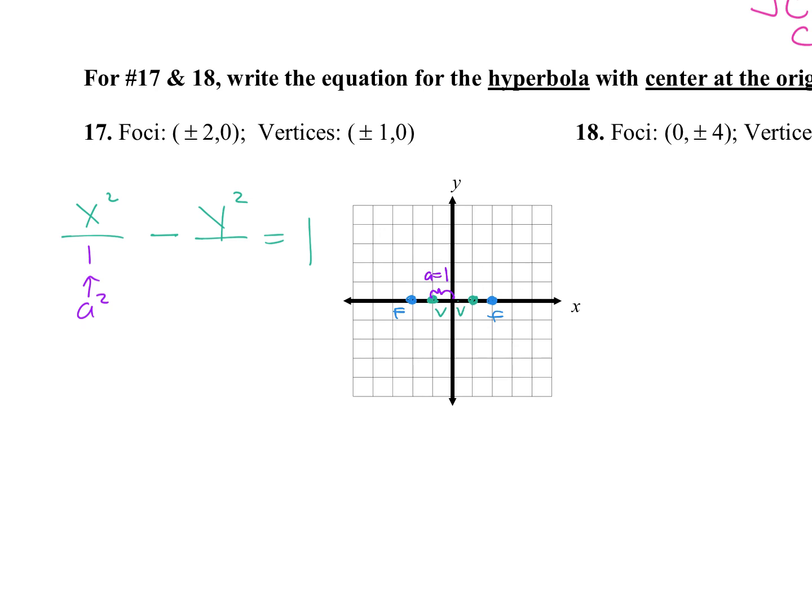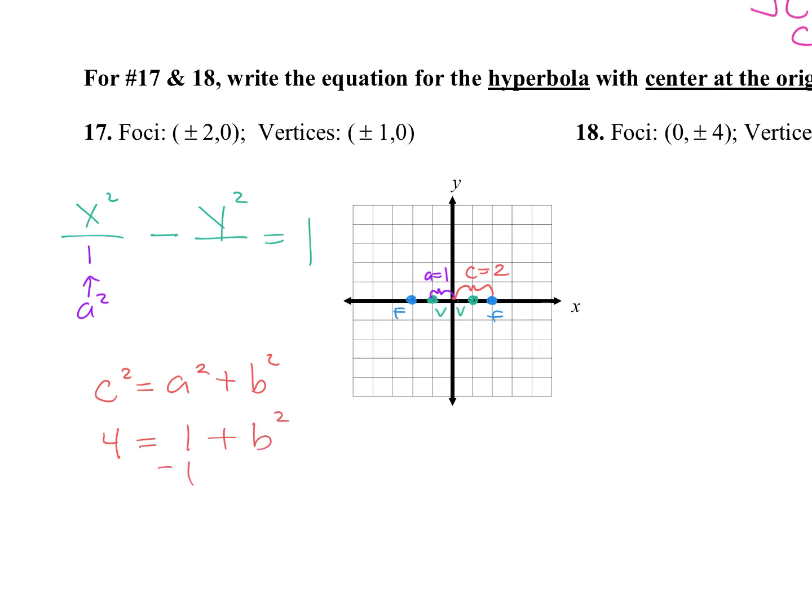B value, we don't have, but we do have our c. What's your c value? C is 2. C is going to be center to foci. So if c squared equals, remember this one we're adding for the foci equation, a squared plus b squared or b squared plus a squared, doesn't matter. If c is 2, then that's 4 equals 1 plus your b squared value.